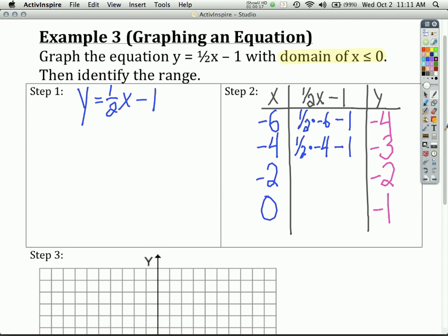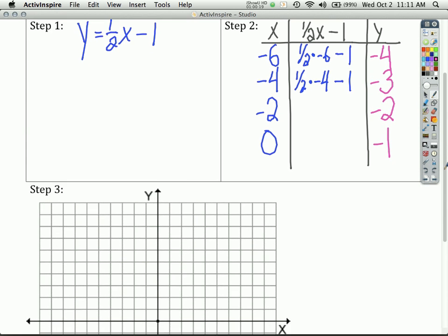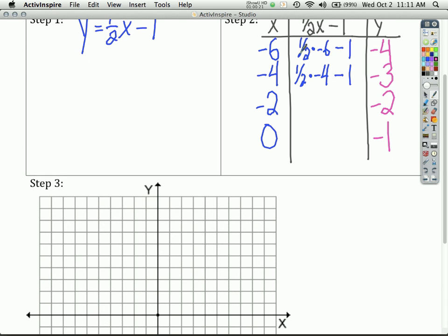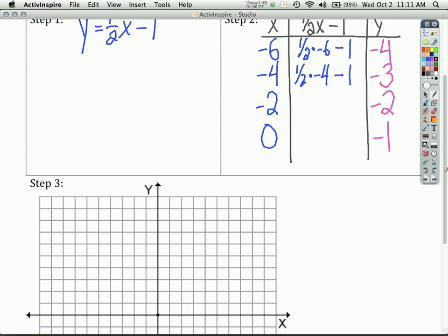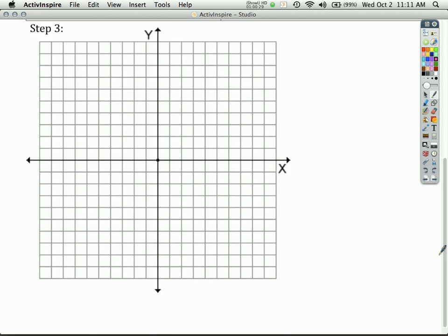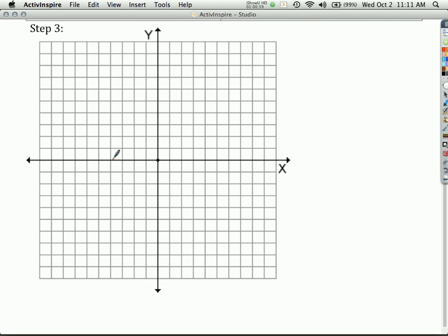Now we're going to plot the points. So we have ordered pairs -6, -4; -4, -3; -2, -2; 0, -1. Okay? So, draw a coordinate grid.